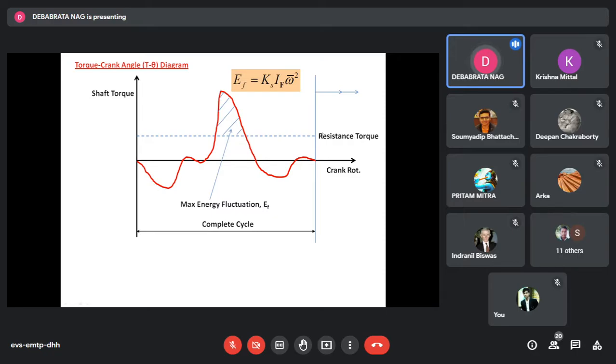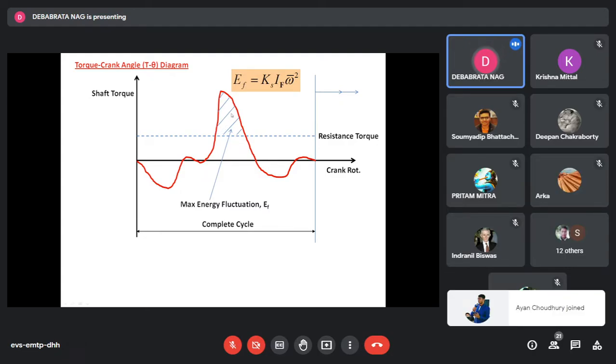In the good time, that means when the demand is less but the supply is more, we call it good time, right? When the demand is less, supply is more. In the good time, there is an angular acceleration, a tendency of the shaft to accelerate itself.